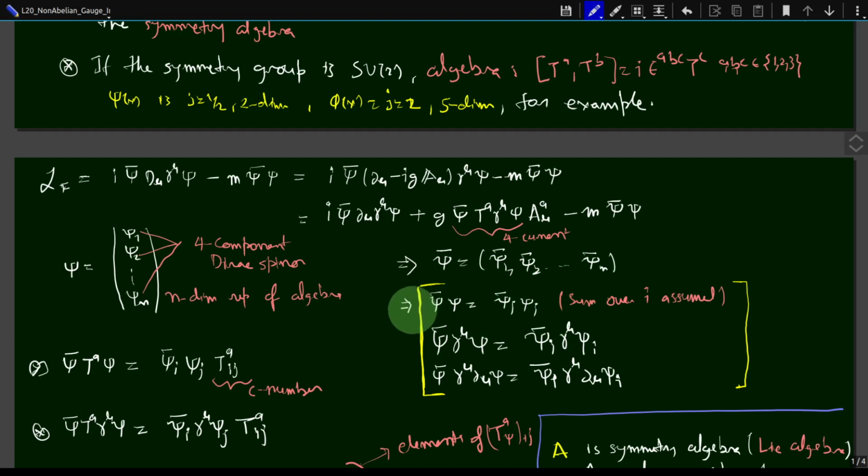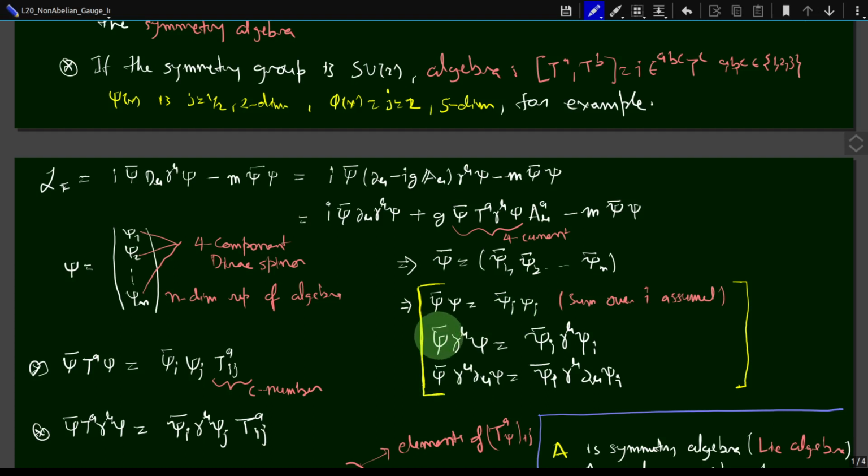So clearly from here, psi bar psi is nothing but psi bar I psi I, where the sum over I is assumed using Einstein notation. Here both the i's are appearing as lower indices. They don't have to appear one up, one down, because the metric on this space is just 1, since it's a sum over this thing.